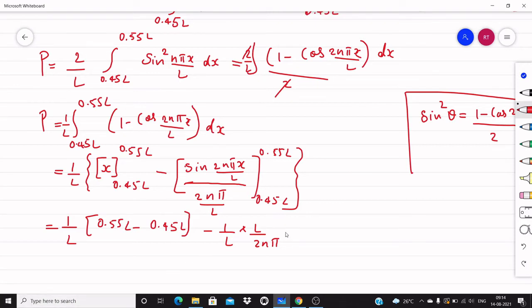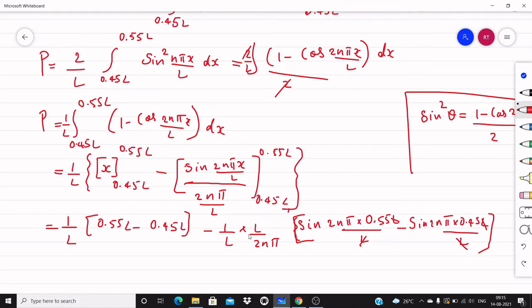Now apply the values of sine: sine 2 n pi x, instead of x you should give 0.55 L by L minus, let me write the square bracket itself, sine 2 n pi into 0.45 L by L. So L gets cancelled in both the terms.